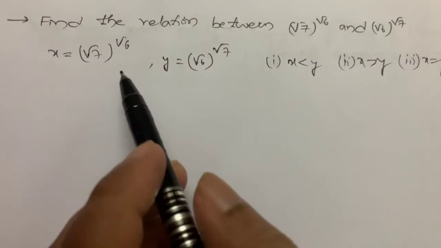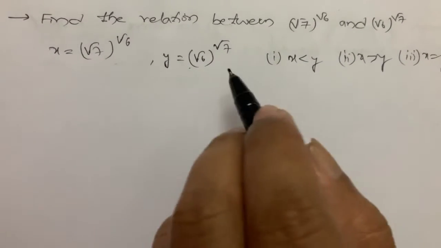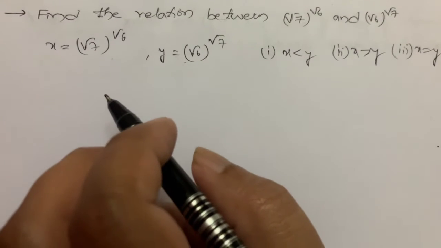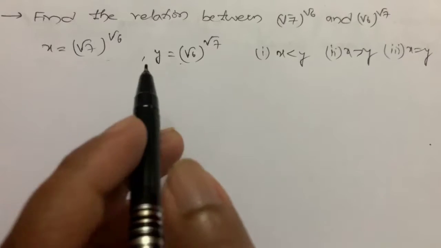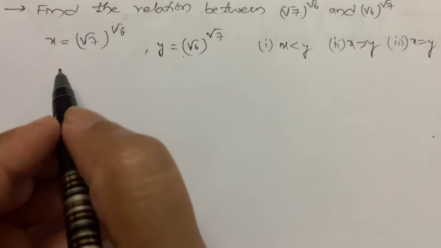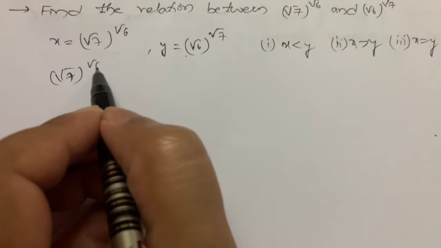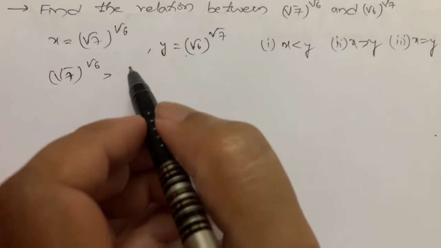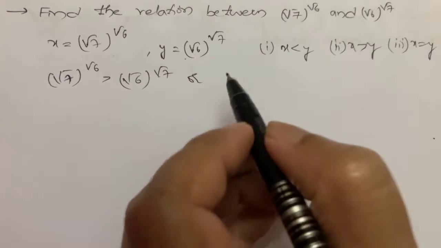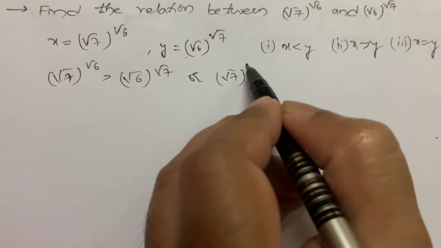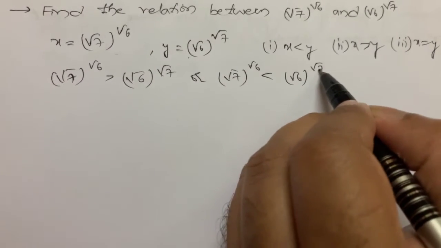Anyway, it's not equal, right? These two values won't be equal, so no need to think about the third option, it's either 1 or 2. Let's consider root 7 power root 6 less than root 6 power root 7.